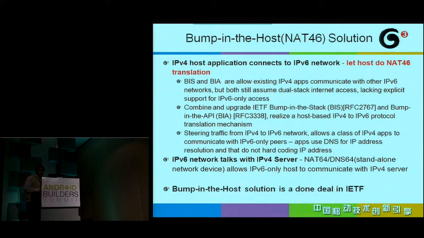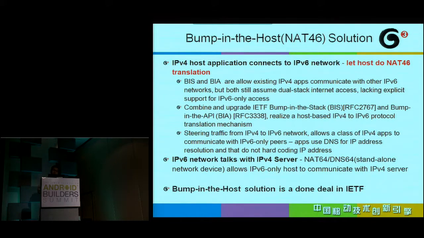So we have combined and upgraded BIS and BIA to support the IPv6-only network protocol and let the host do NAT46 translation. After that, the IPv6 network can talk with the IPv4 server on the network side.